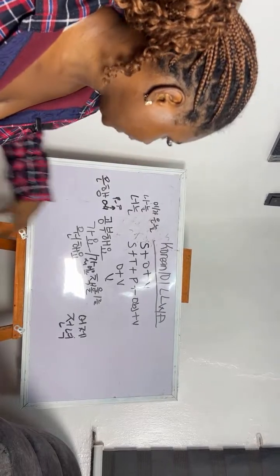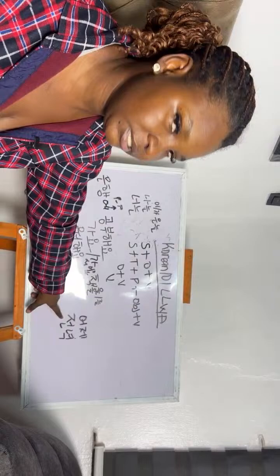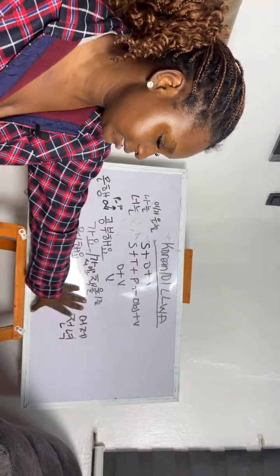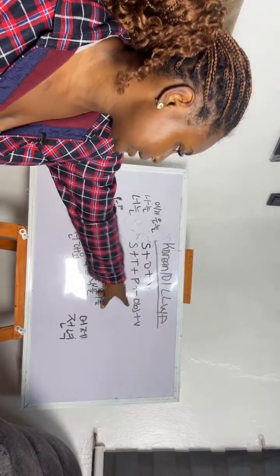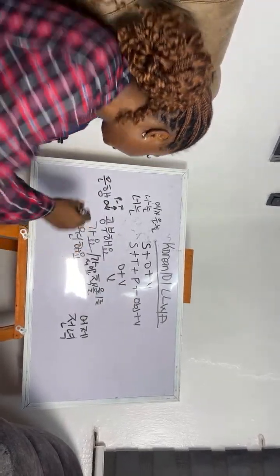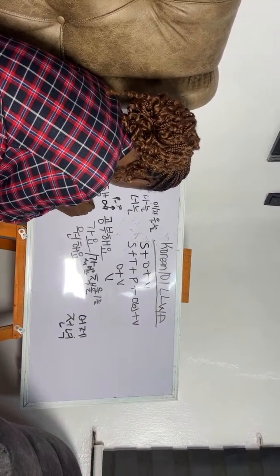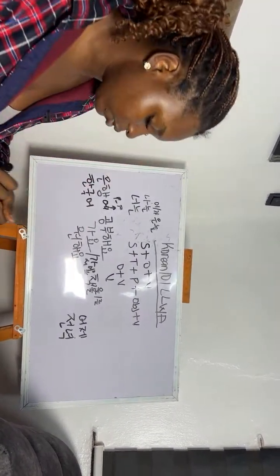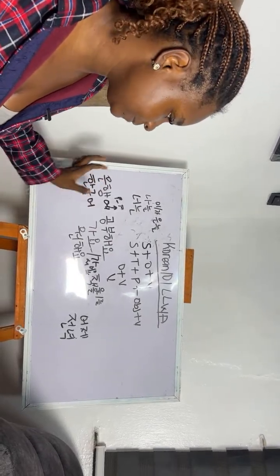So I'm gonna say subject plus time, 저녁 being the time word here because this is like dinner time, evening time. And then my object is going to be 한국어.